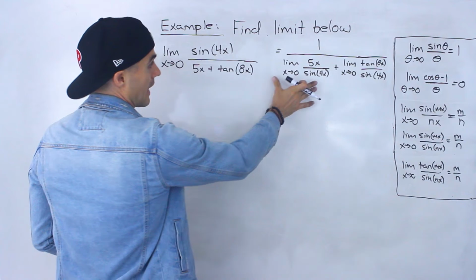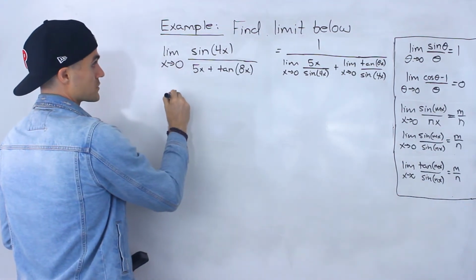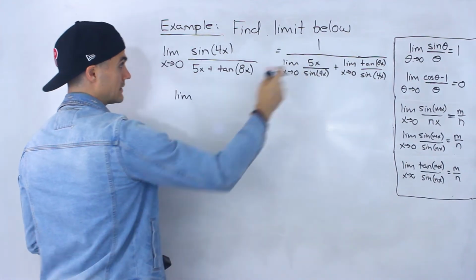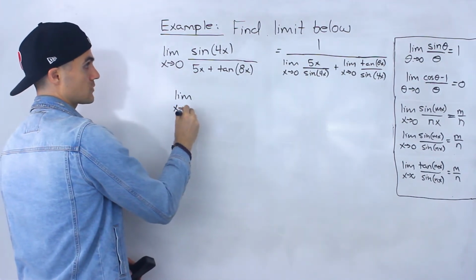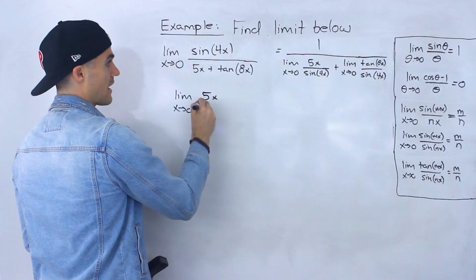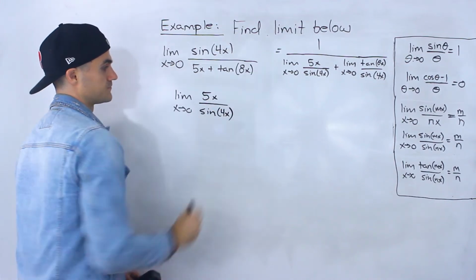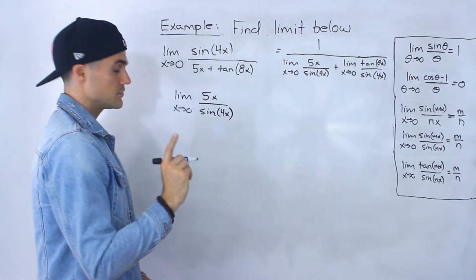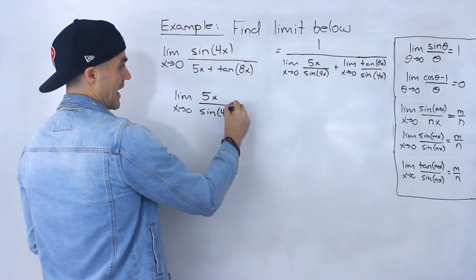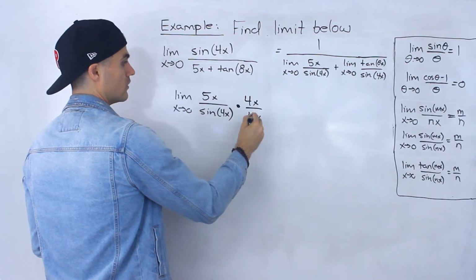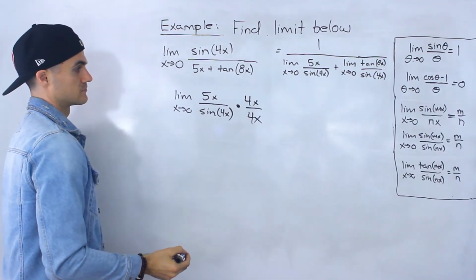But before we get into that one, I'm actually going to work with this limit first. So this is going to be work on the side for this main limit. So we got the limit as x approaches 0 of 5x over sine 4x. And what we want to do here is multiply this by 4x over 4x.